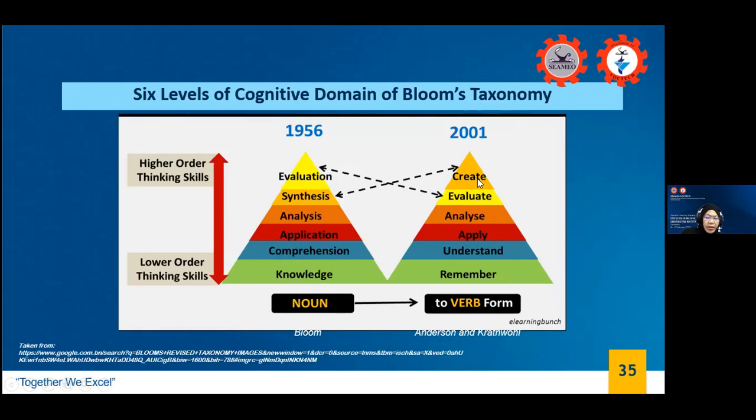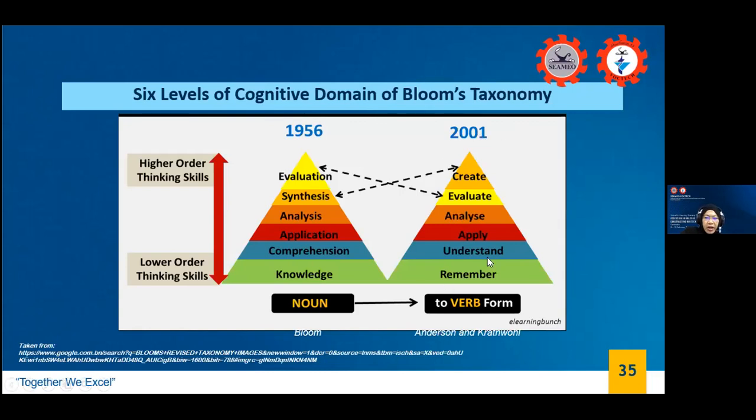Now, when we develop test items that are very much pen and paper, we try to use Bloom's 6 levels of cognitive domain to make sure that we capture from the lower order thinking skills to the higher order thinking skills.